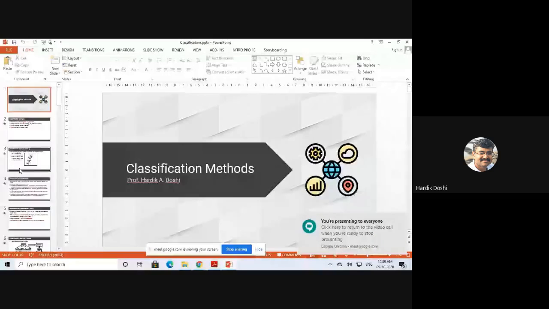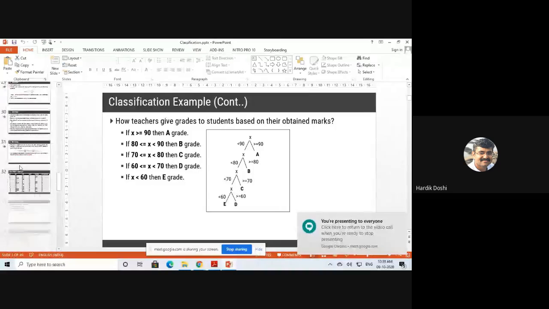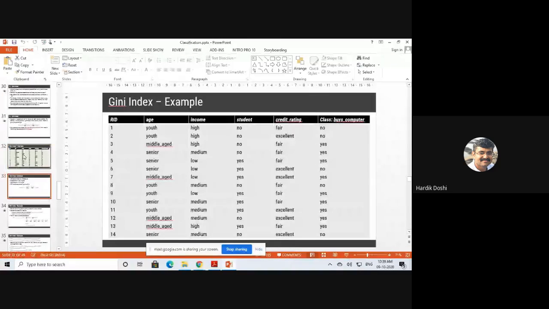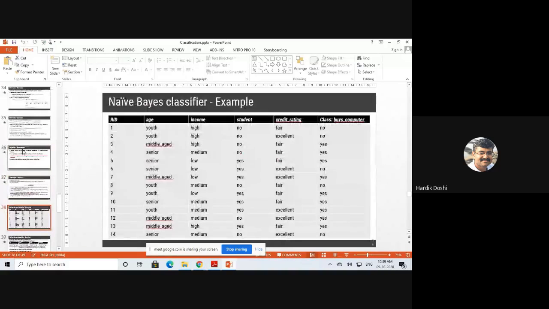Okay. So let me share my screen. I think we had stopped at our method that was Bayesian theorem. We had understood the Bayesian classification.